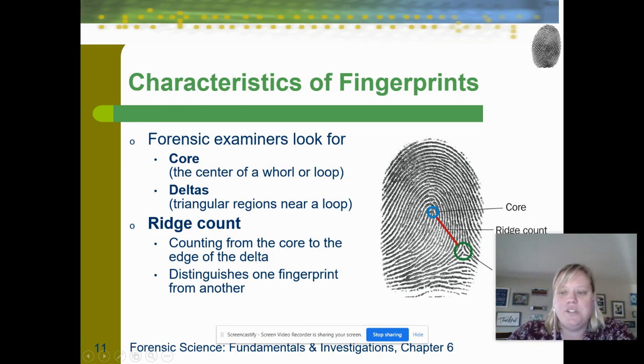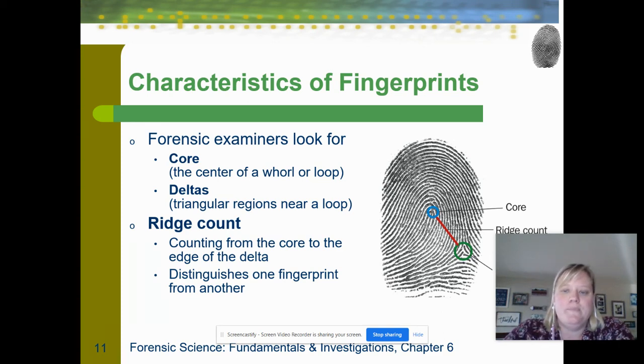And this is what distinguishes one fingerprint from another. So if I was looking at a fingerprint of my thumb and a fingerprint of my son's thumb, I think we both have loops on there. But my core is located at a slightly different location. I think it's further up on my thumb than his. And then my delta is further away. So there's more ridges in between the core of my fingerprint and the core of Owen's fingerprint.